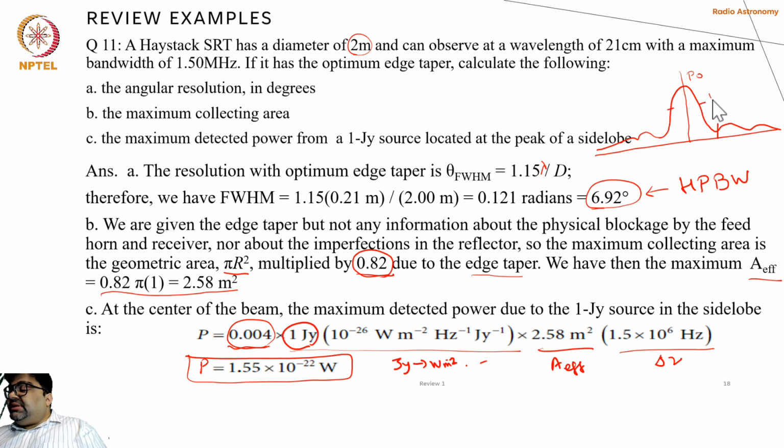If it comes to P naught by 2, that becomes the half power beam width. And then the first side lobe: its maximum value is much lower than P0. In this case, we are assuming this is normalized, so it is 0.004 times P0, whatever the value is.